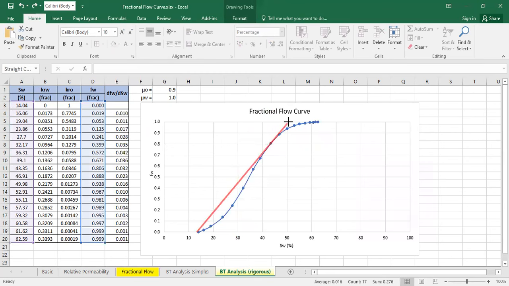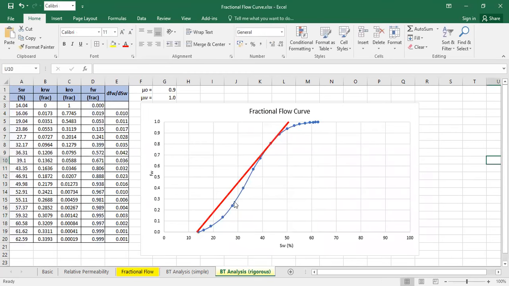If you want to make a line, you need 2 points. So let's make it SW on the x-axis, FW on the y-axis. The first point is at the initial water saturation, and the fractional flow is of course 0.